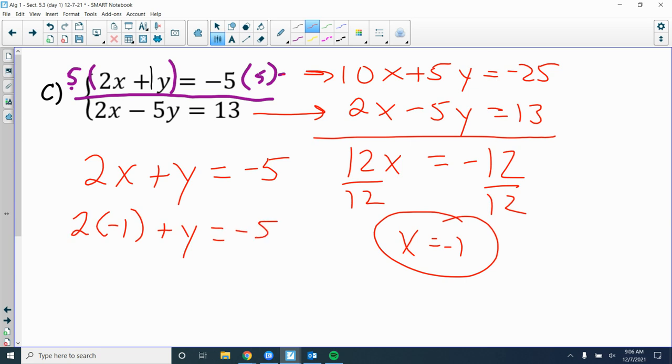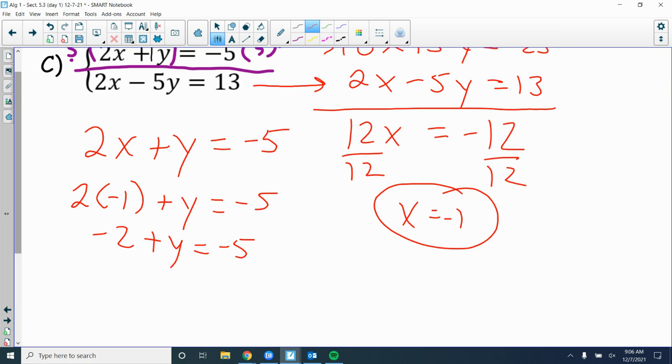So what do you do now, Maya? 2 times negative 1 is what? Awesome. Negative 2. Keep going. How do I get y? Subtract or add 2.